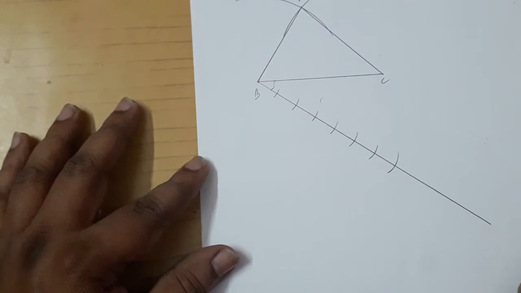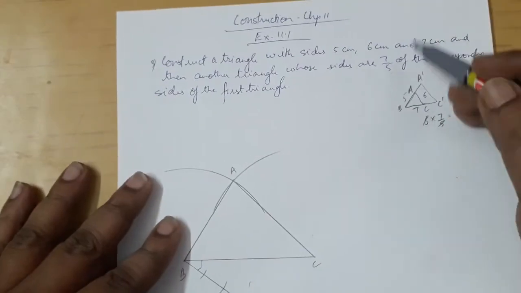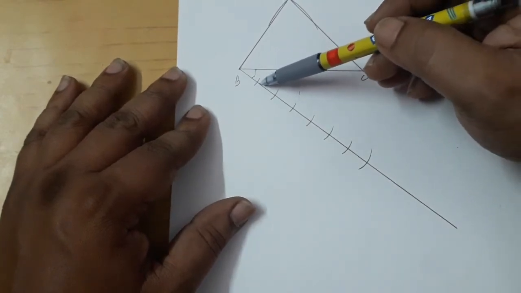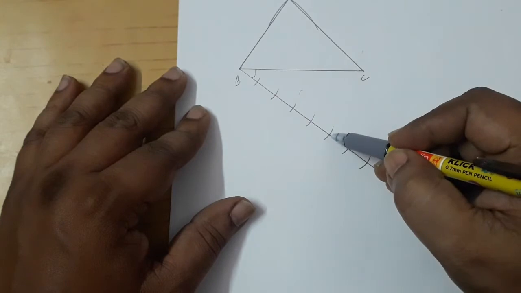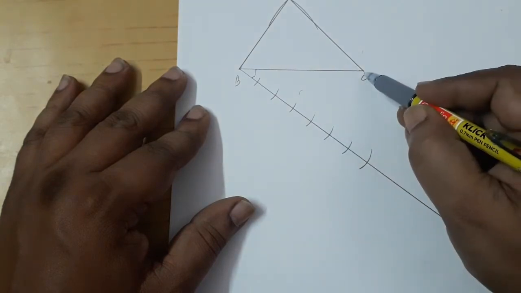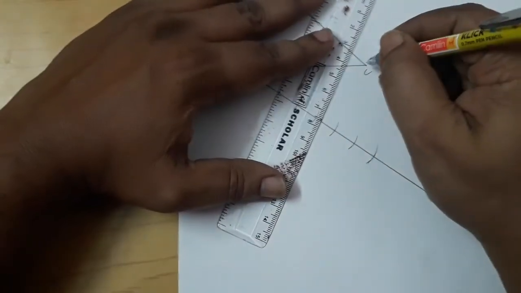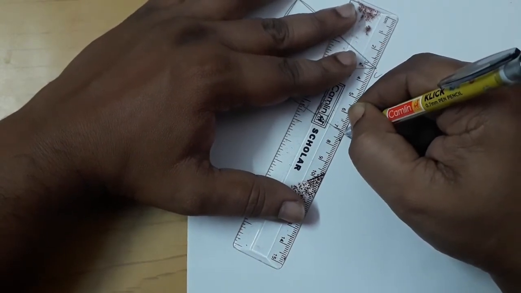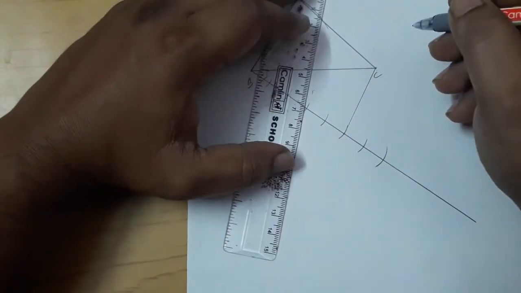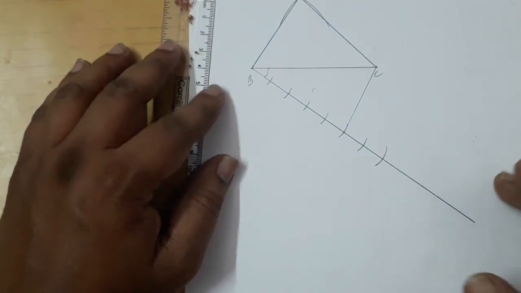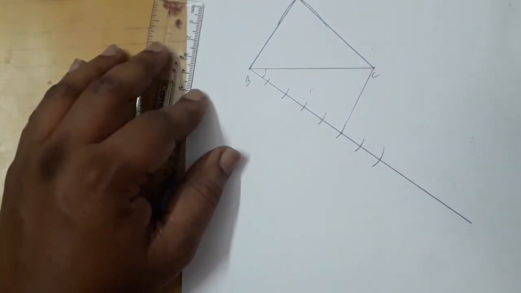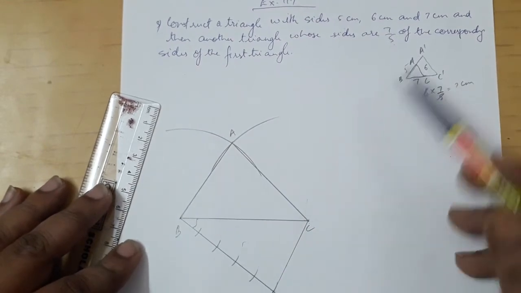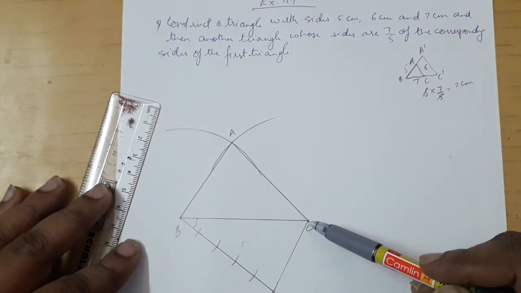Now since we are given 7 by 5, from the fifth cut, it is 1 2 3 4 5, from here we will join this to C. Usually whatever is in the denominator, in this case the number was 5, we join that number over here, and that's what we have done.